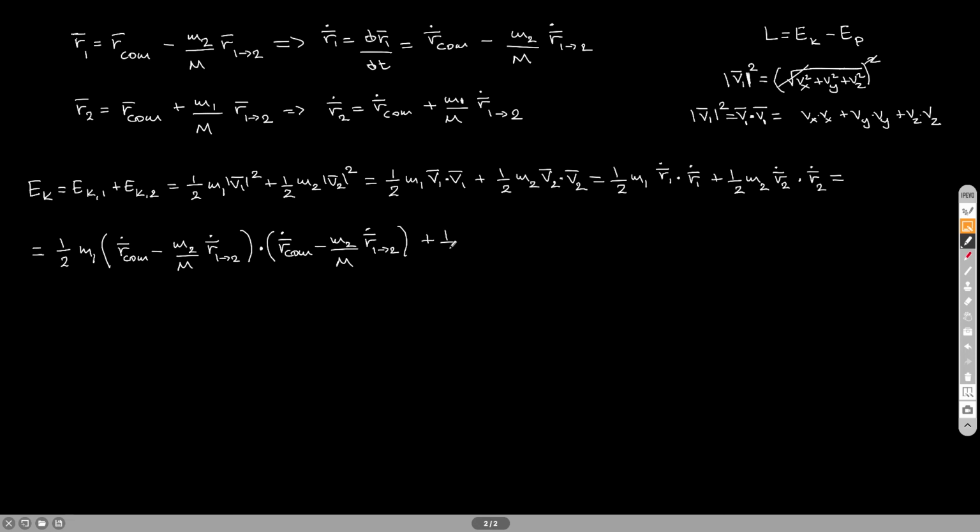Plus 1/2 m2, and here I need to use what I have for r2 dot, and that will be the time derivative of the position of the center of mass. This is really the velocity of the center of mass, plus m1 over big M, the relative position from 1 to 2, dot product with the same thing.